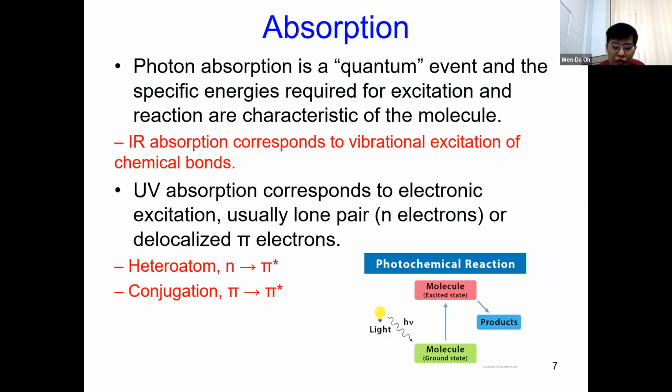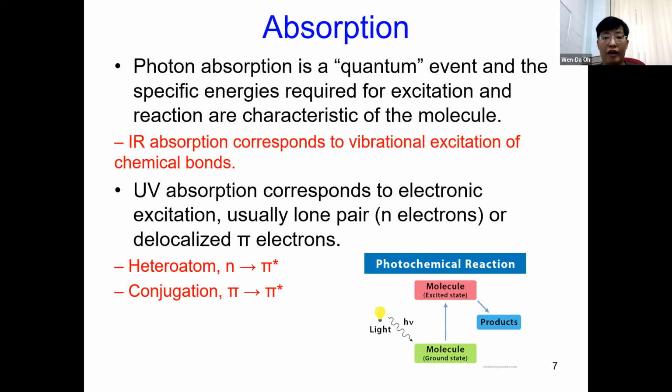Usually for an absorption of the radiation to happen, we must have a source. That will be our sun. Once the sun shines its radiation to a specific molecule, this molecule must have something, a functional group, or what we call a chromophore, to be able to absorb the photons.